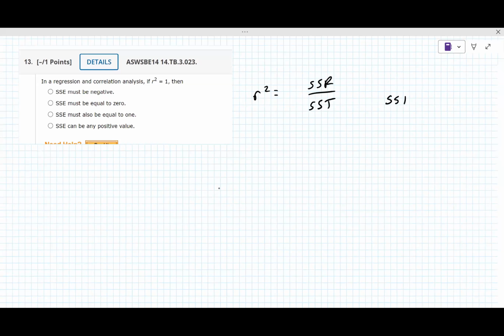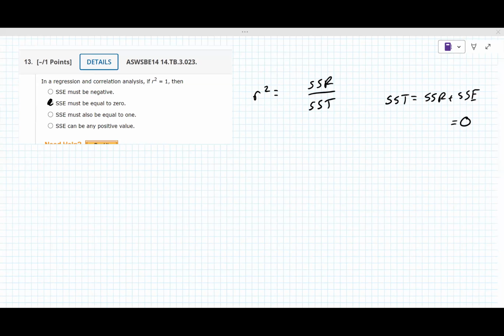Well, SST is SSR plus SSE. So for this equation to equal 1, the top has to equal the bottom. The only way the top equals the bottom is if SSE is 0. Because then it goes away.